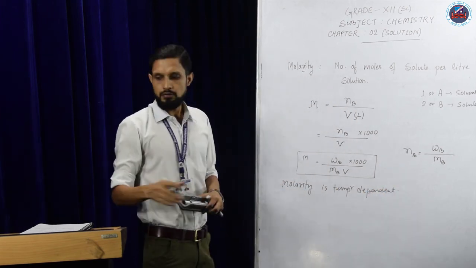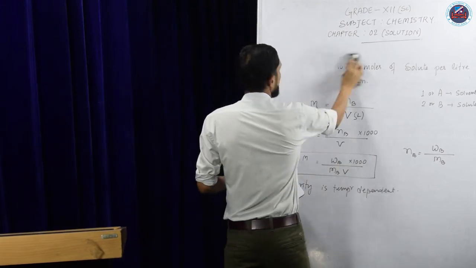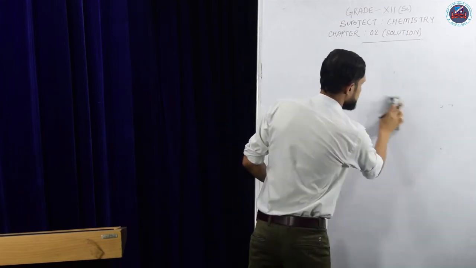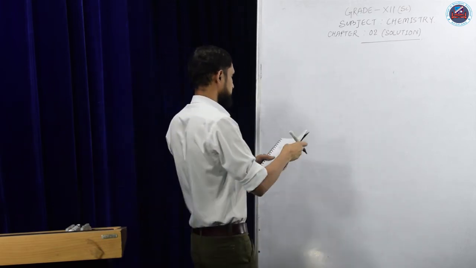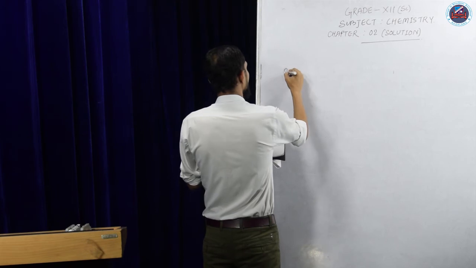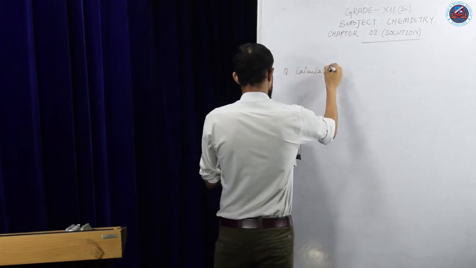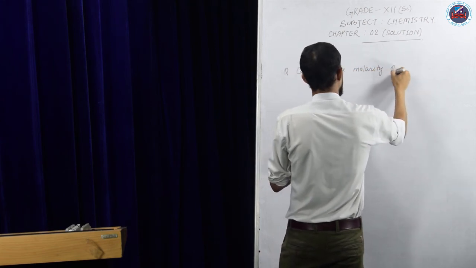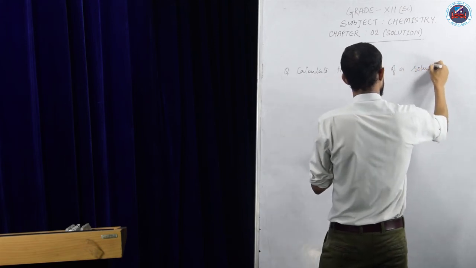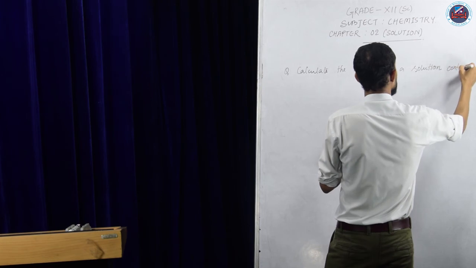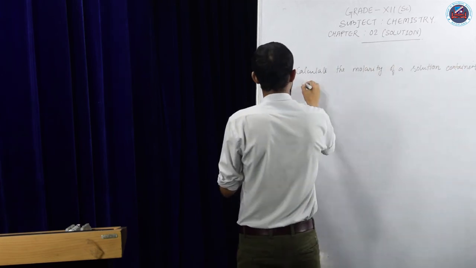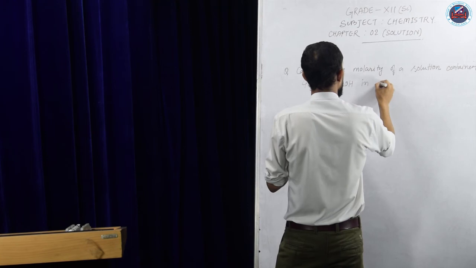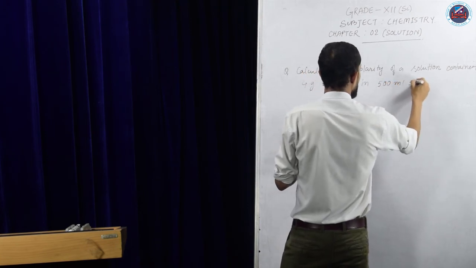So let us take a numerical from this topic. Calculate the molarity of a solution containing 4 gram of NaOH, that is sodium hydroxide, in 500 ml solution.